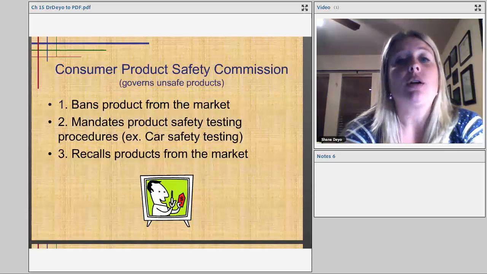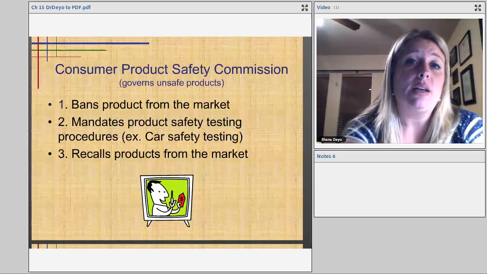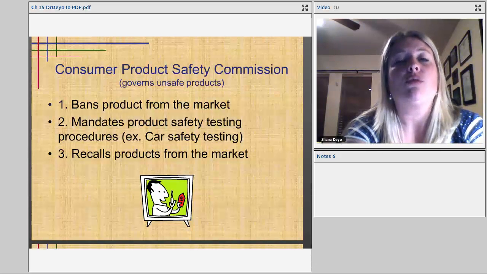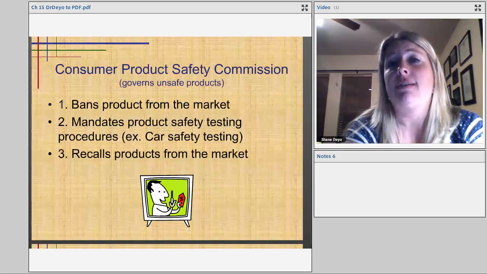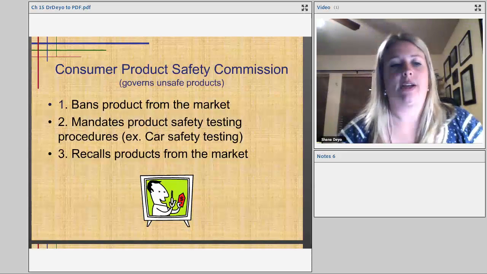They can ban products from the market. They can mandate product safety testing procedures be done on products, like, for example, car safety testing. And they recall products from the market. When they find out that a particular product is unsafe, they recall that from the market.